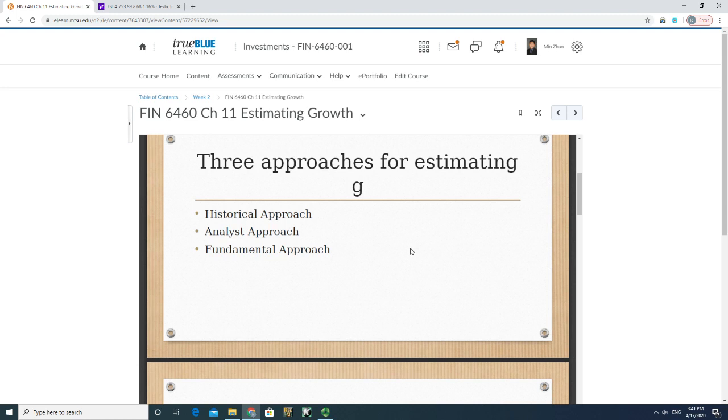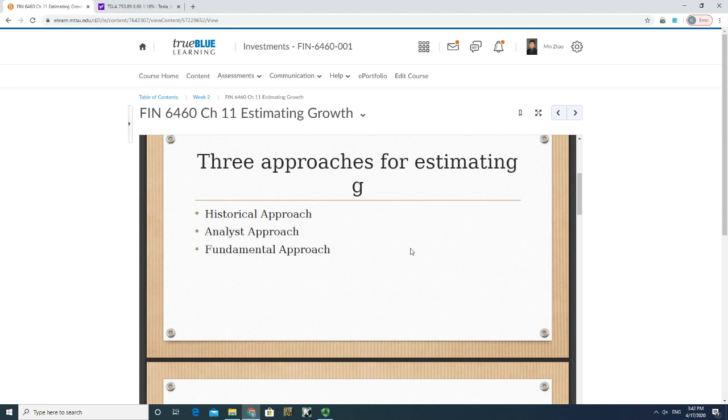Well, that's a reasonable guess, and that's one estimation approach for the growth rate. You look at what happened in the past, and especially for mature companies, it's very likely that in the future it may repeat what happened in the past. So that is the historical approach.